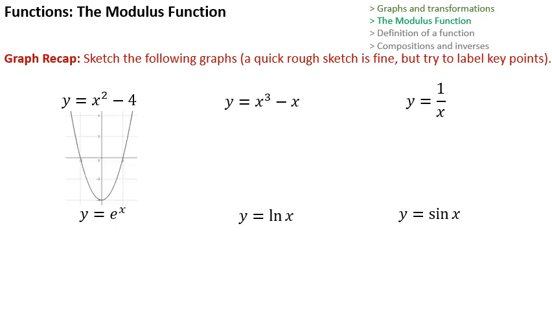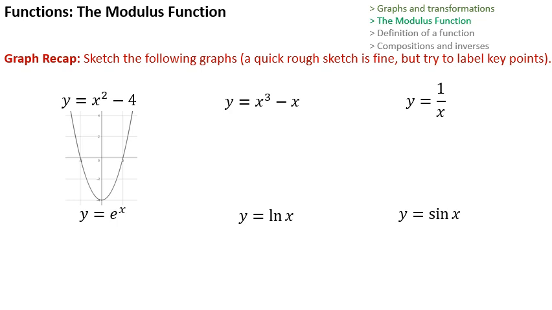Another nice way to look at this is as a straightforward graph transformation from y equals x squared. If you can get into the habit of looking at them like this, that can save you a lot of time. Y equals x squared we already know, and if we subtract 4, it means all of the points on this graph are 4 units lower down than the graph of y equals x squared.